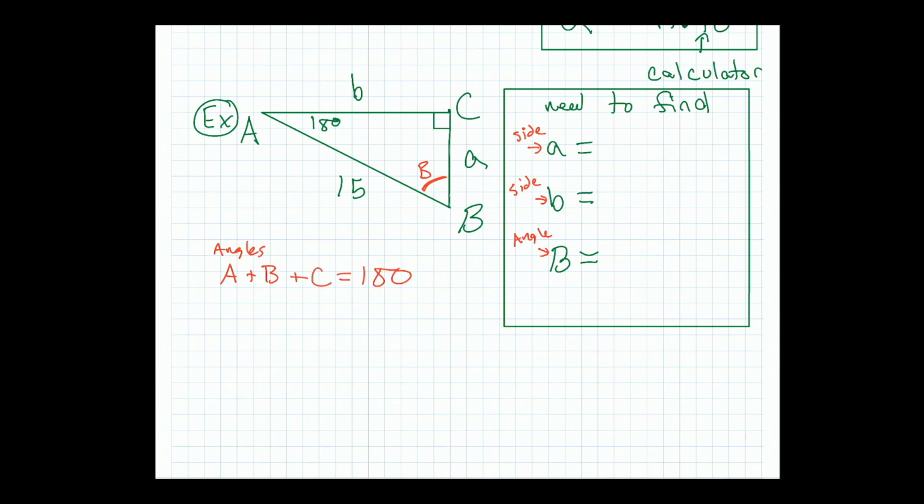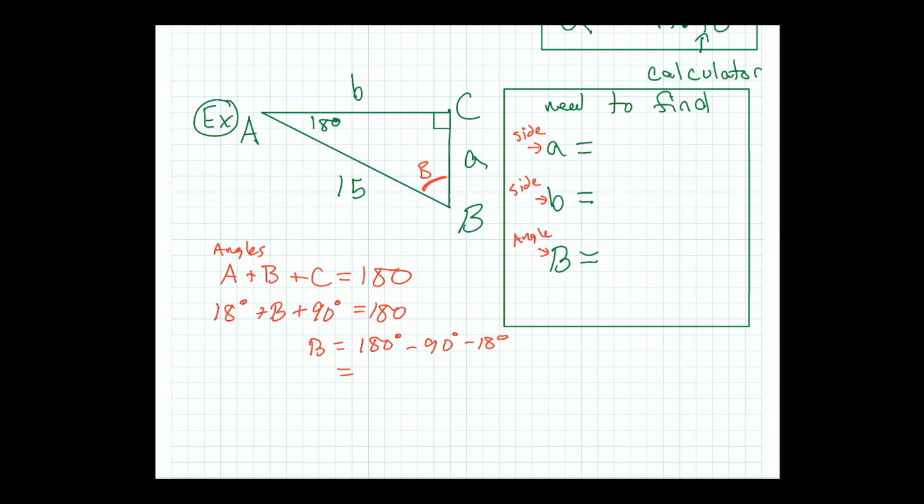If you plug in what you know, the angle A is 18 degrees because we can see it. The angle B, we don't know what it is. The angle C is 90 degrees because they labeled it as a right angle, and that's all 180. So if you want B, you just take 180, subtract 90, subtract 18.